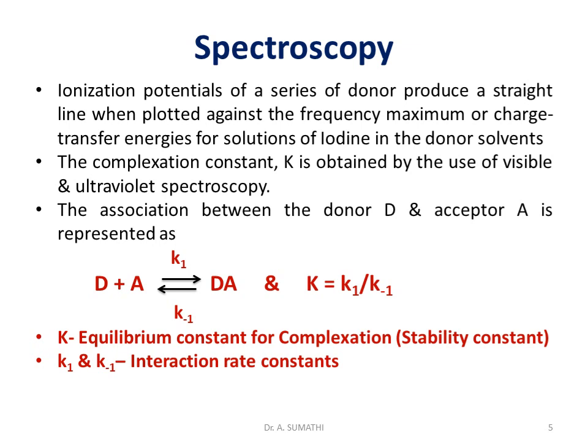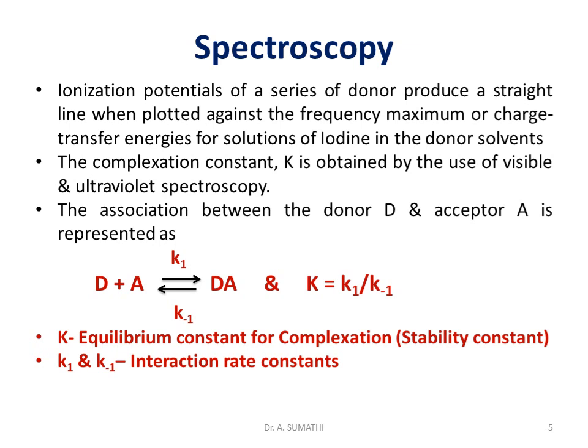The association between the donor and acceptor is represented by the following equation. The donor is denoted by the letter D and the acceptor by the letter A. These two associate together at different rate constants. If it is a forward reaction, the rate constant is K1.